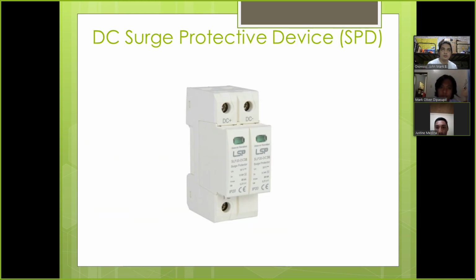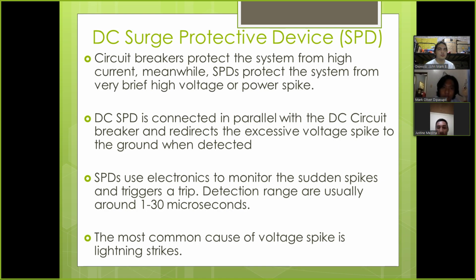Next. So, next we have here is the surge protective device. Circuit breakers protect the system from high current. Meanwhile, SPDs protect the system from very brief high voltage or power spike.